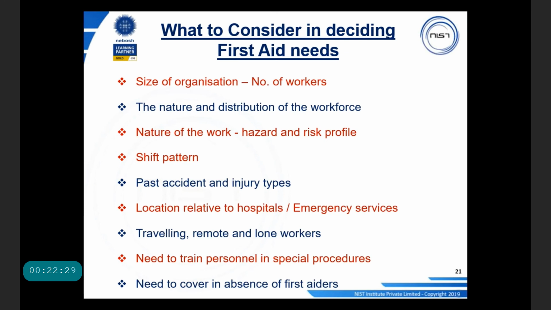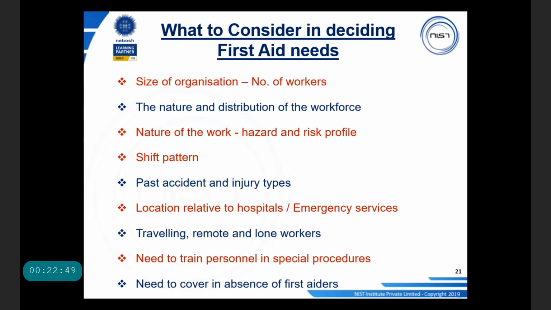Whereas, let's say there is a workplace in the middle of the city. There are many hospitals in a radius of 5 kilometers. Do you need to employ a medic? Or is a first aider enough?